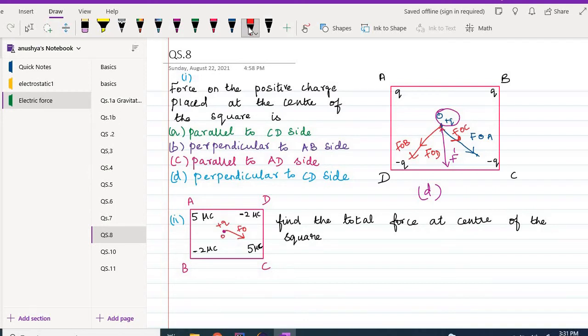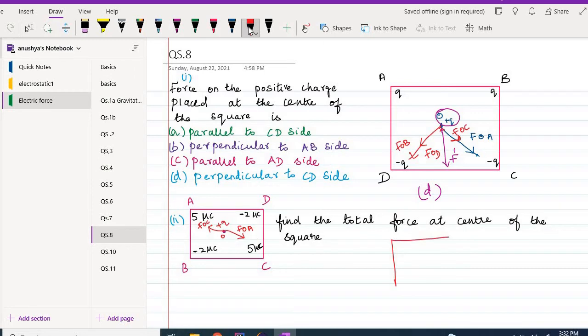So F O A. Now, what happens with this charge C? It is also 5, and this is plus Q. So it repels. This 5 microcoulomb will repel. Both the charges are 5 microcoulomb, equal in magnitude, so F O C and F O A will be equal but in opposite direction.